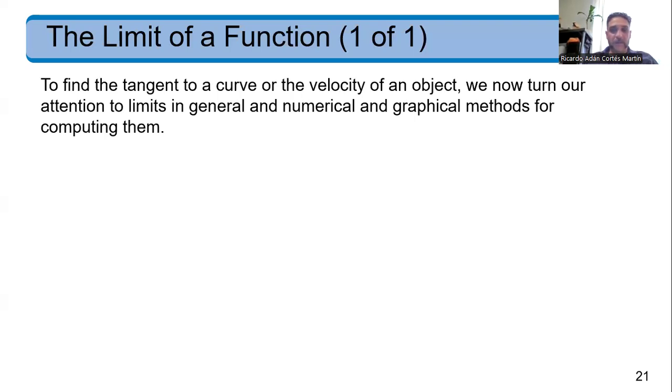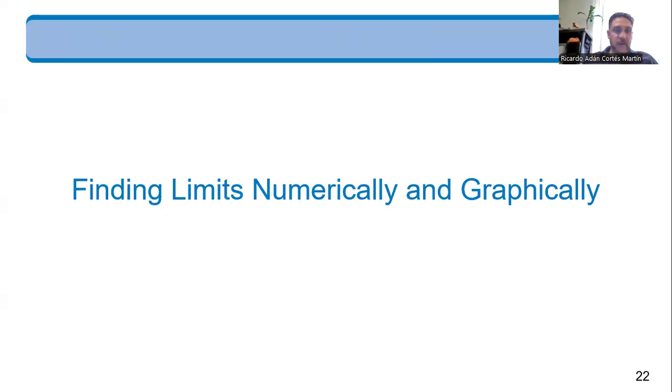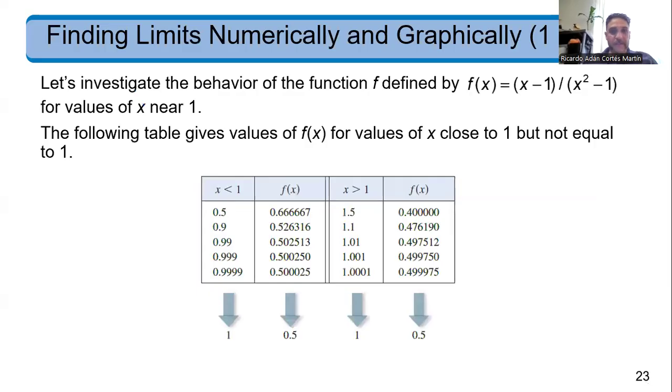Okay, you see, we found that a function gives us a set of values. It can be a function like this, x minus 1 over x squared minus 1.